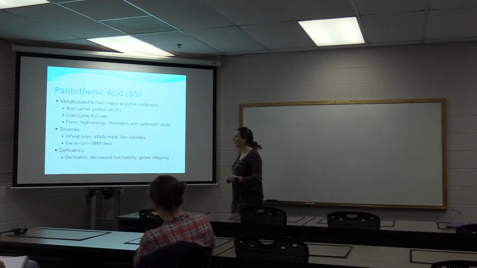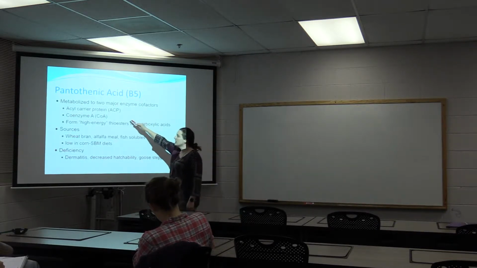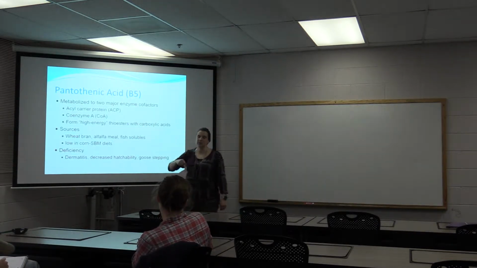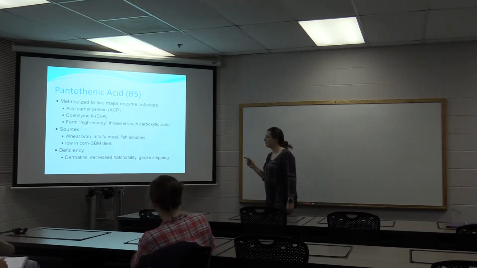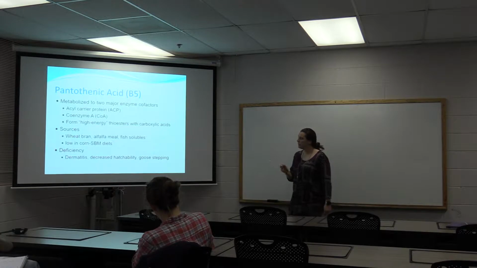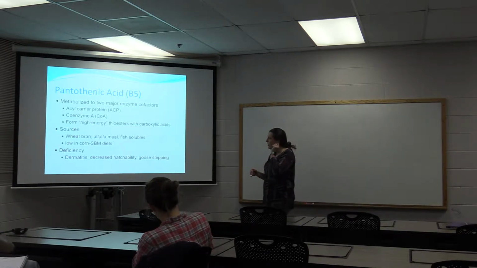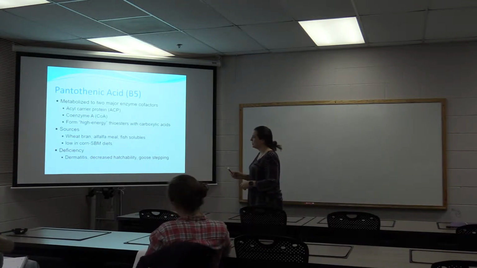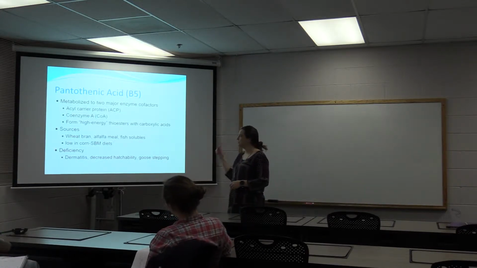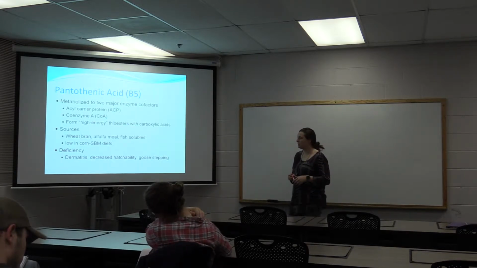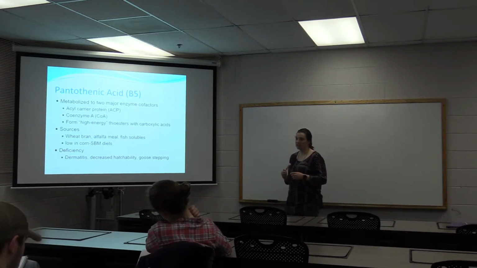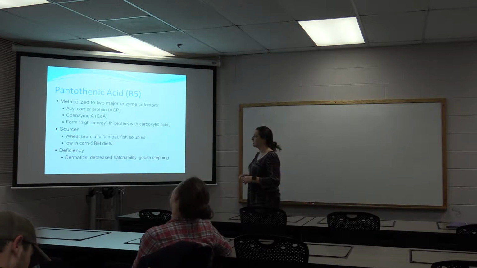So if you have coenzyme A, you can make the acetyl-CoA, then you can have the TCA cycle. If you don't have pantothenic acid, you don't get CoA, and your glucose is relegated to being converted to lactate or lactic acid.